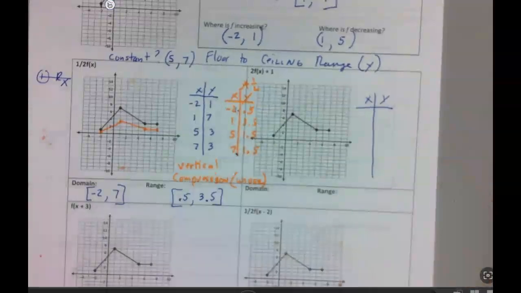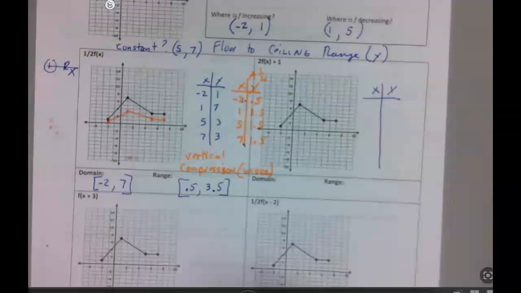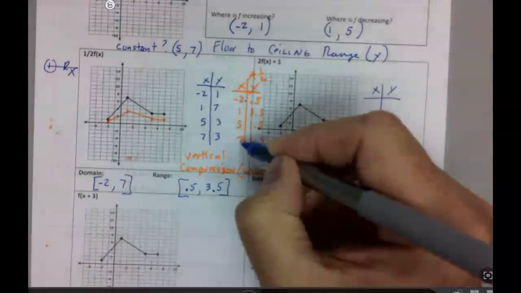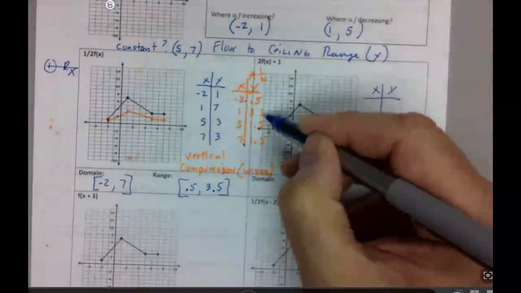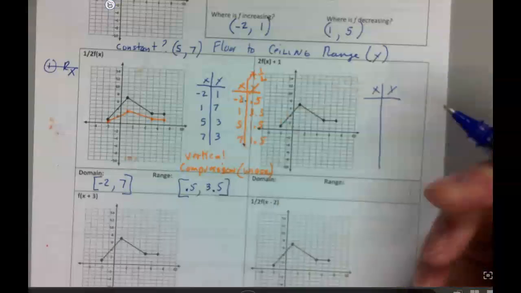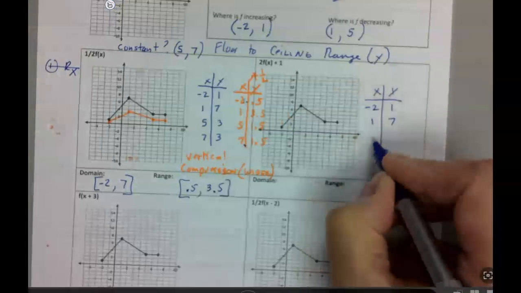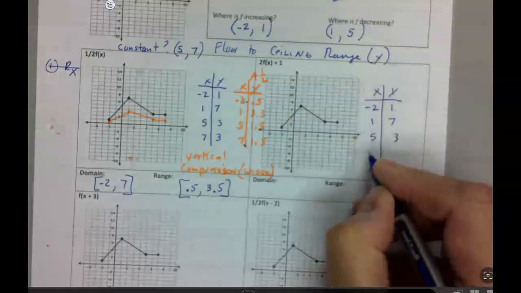See how I do that? Smallest x is negative 2. Biggest x is 7. Smallest y is 0.5. Biggest y is what? 3.5. Does that help? Okay, so we got negative 2, 1, 1, 7, 5, 3, 7, 3. Those are the points for this one right here, correct?